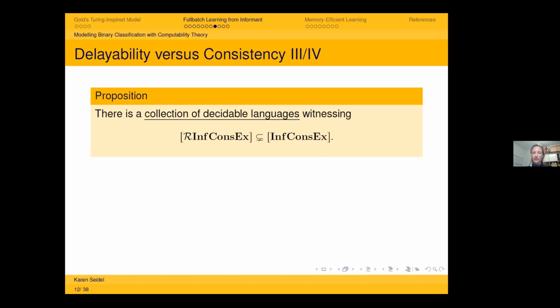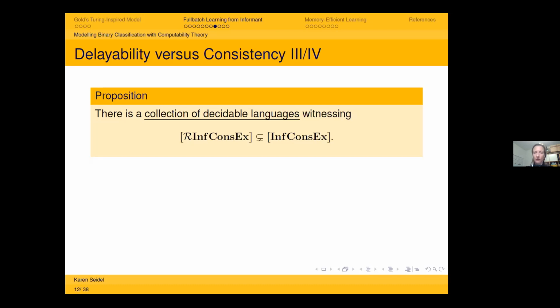So just a reminder: we showed that for the canonical presentation, for every delayable learning success criterion, it is not a restriction to only look at this very nice kind of presentation to cover all adversarial presentations. And this fails for the undelayable criterion of consistency. And we also showed that for all delayable criteria, totality is not a restriction.